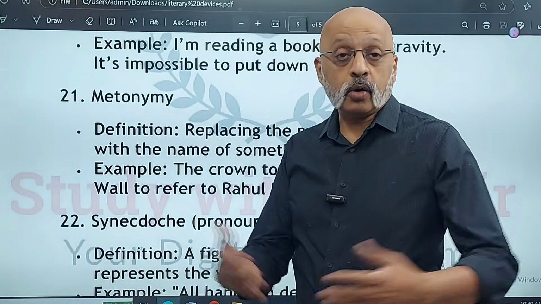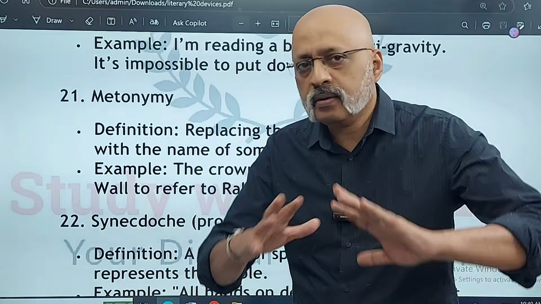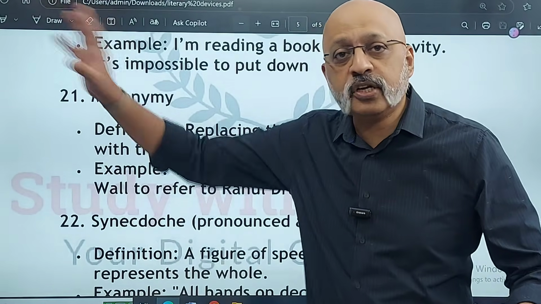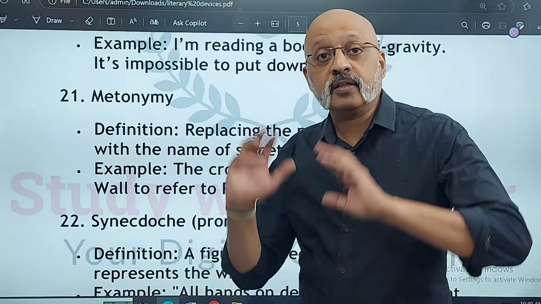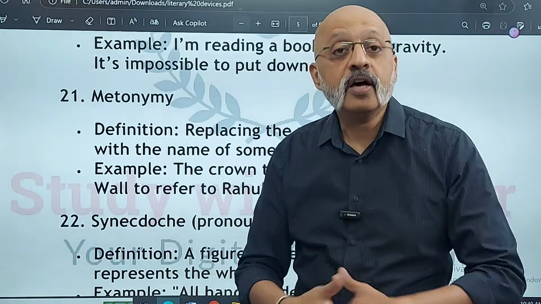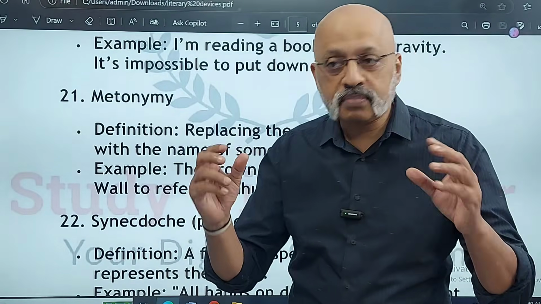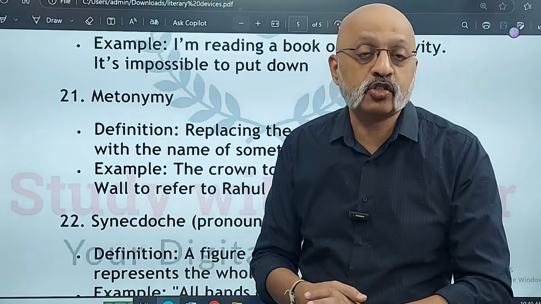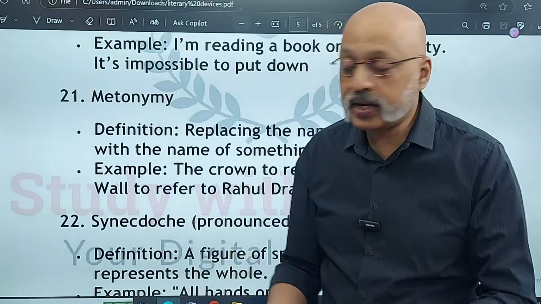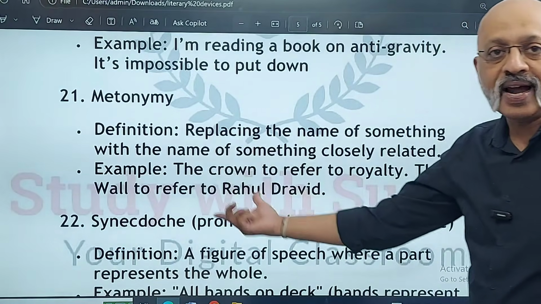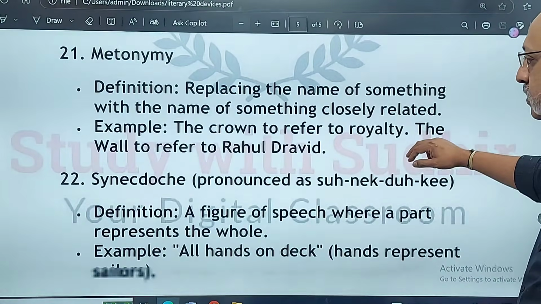Shah Rukh Khan, we refer to him as the king. Chiranjeevi, the Telugu superstar, is referred to as the megastar. Rajinikanth is referred to as the superstar. These are the kind of titles which have been bestowed on people by their loved ones, and that's how this literary device works.